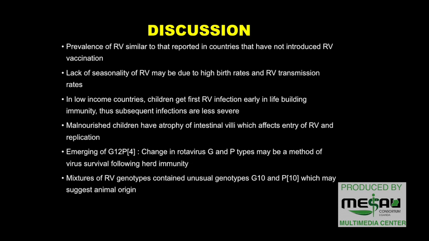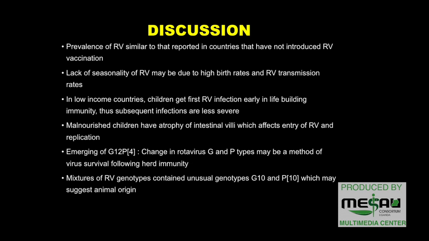So for this study, the prevalence of rotavirus which we saw was similar to what has been reported in other countries that have not introduced rotavirus vaccination. Also, we noticed that there was lack of seasonality in rotavirus infection in Uganda. This lack of seasonality may be because of our location.